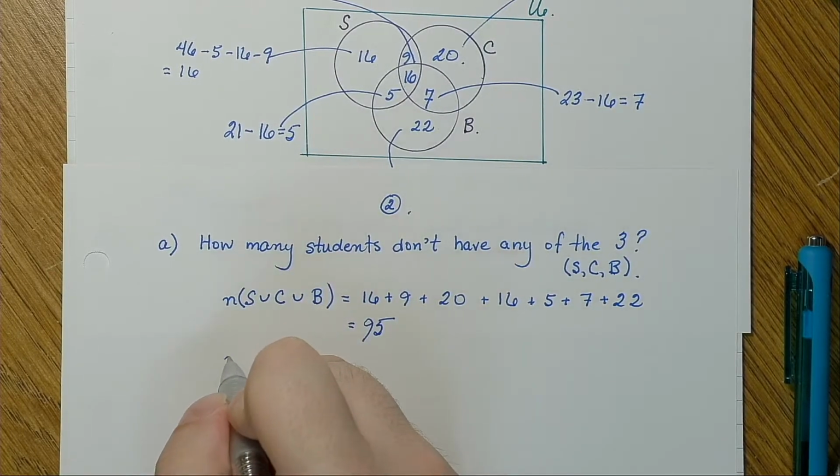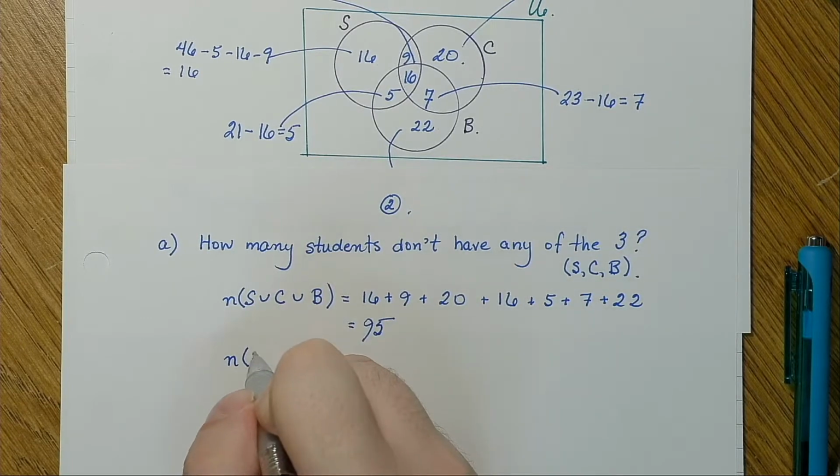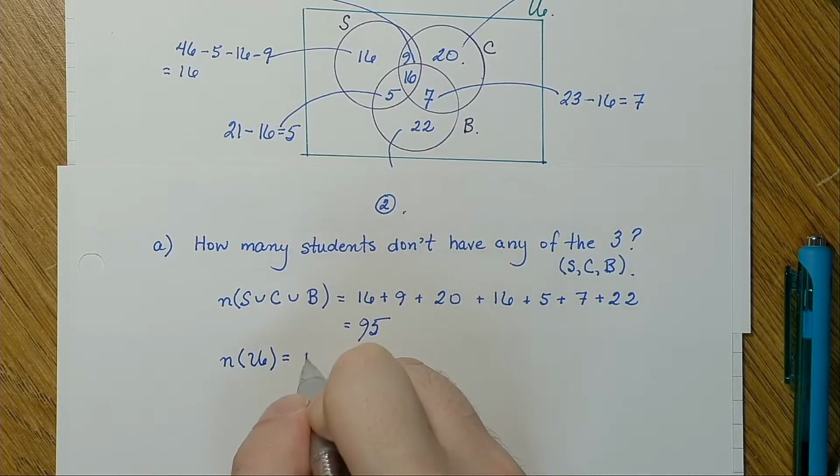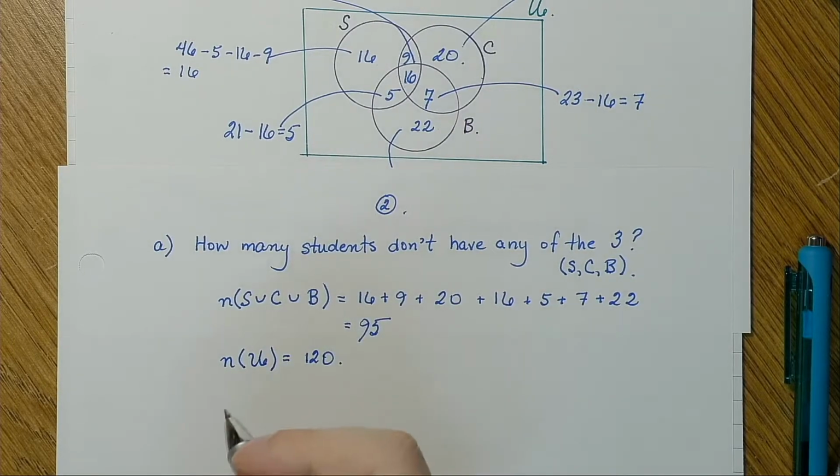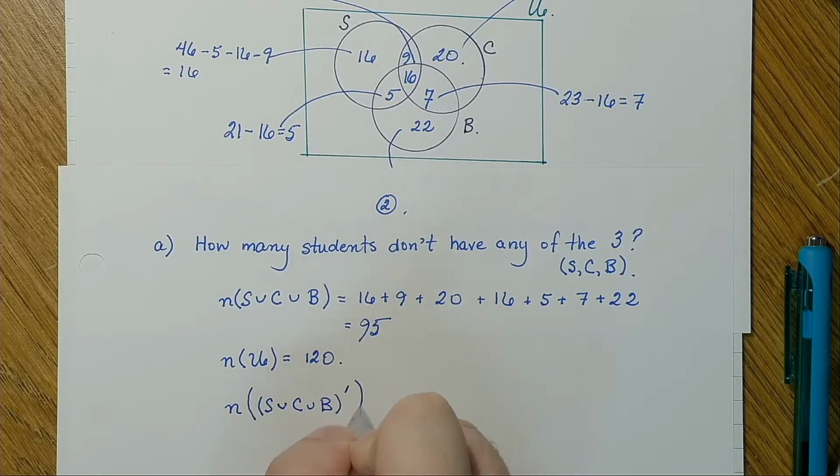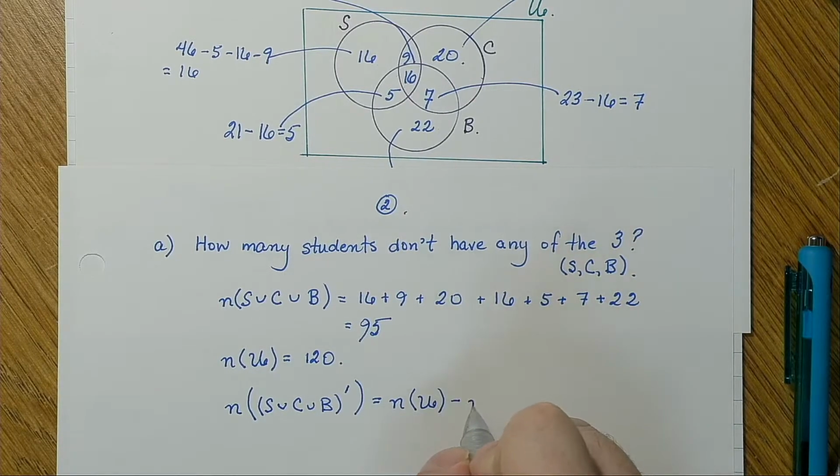Okay, but we also know that in total there's 120, which means that if I want the complement, which is written like this, it's everything else in the universe subtract the inside.